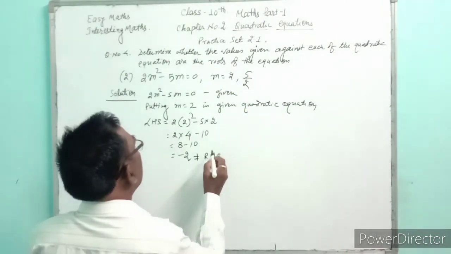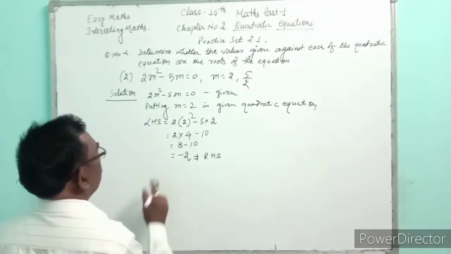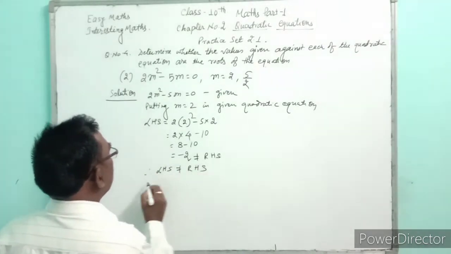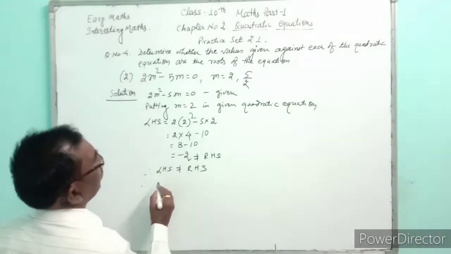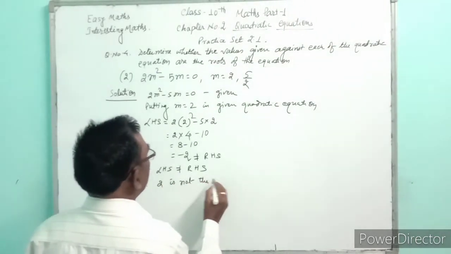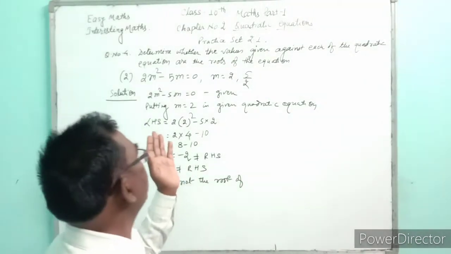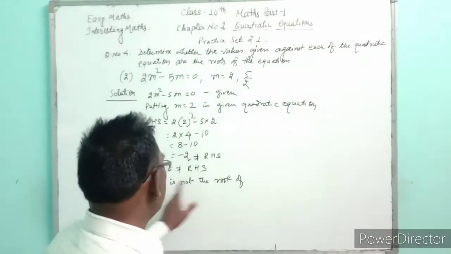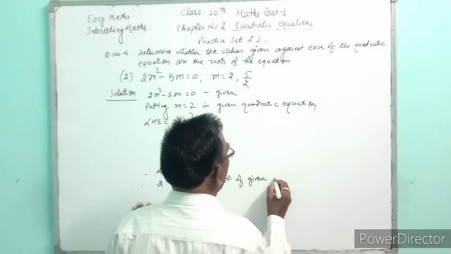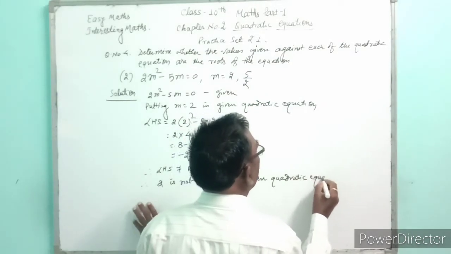Therefore, left hand side is not equal to right hand side. Therefore, 2 is not the root of the given quadratic equation.